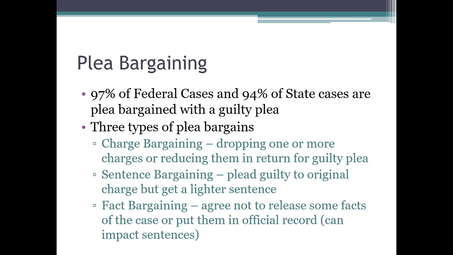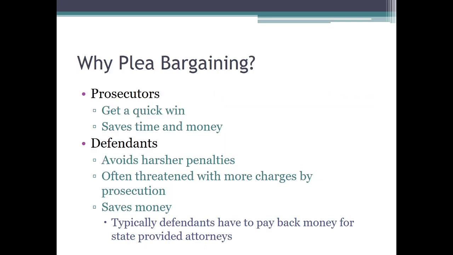Sentence bargaining says, plead guilty to burglary, but we will give you a suspended sentence. And then fact bargaining can be important where you agree not to release some facts of a case or put them in the official record. That can be important, although it's pretty esoteric. So it's really the first two, charge bargaining and sentence bargaining, you see most often.